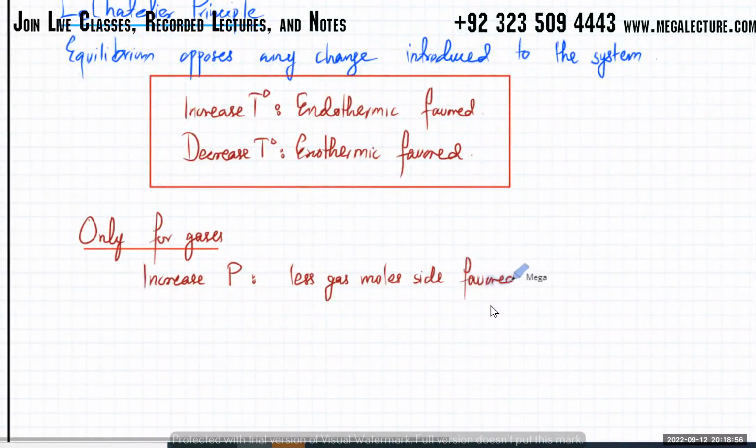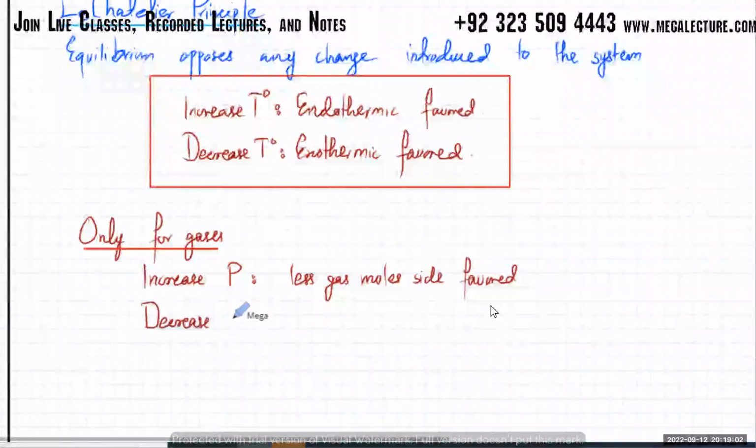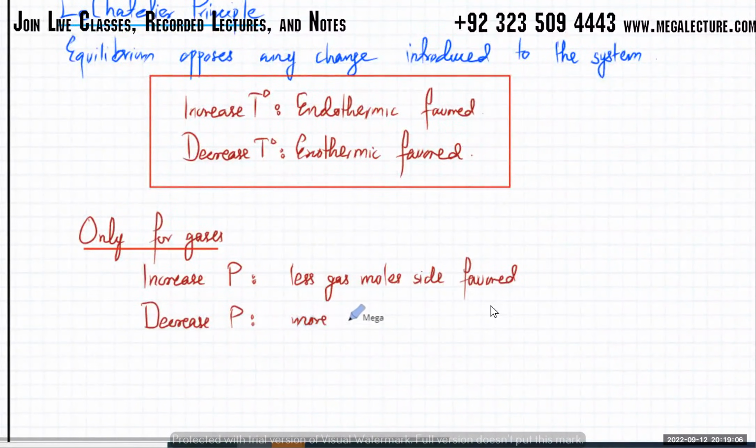And vice versa, the rule is that if you decrease pressure, the more gas moles or more gas is produced, more gas mole side is favored.